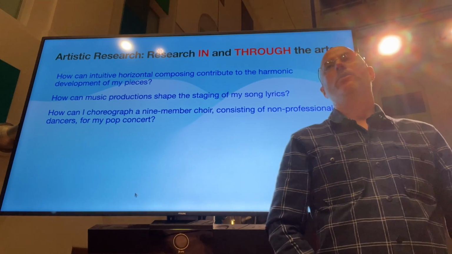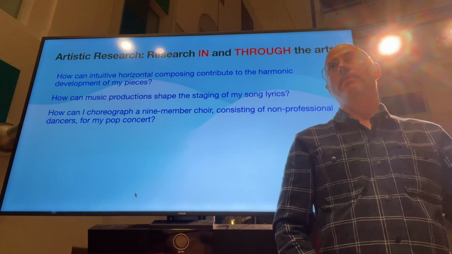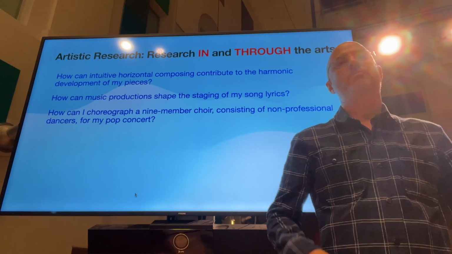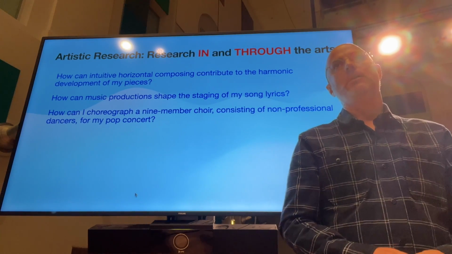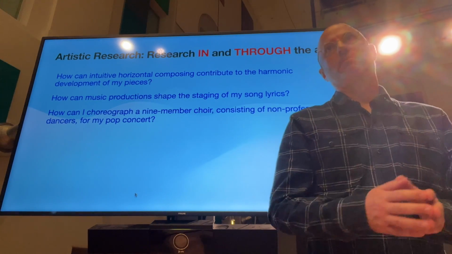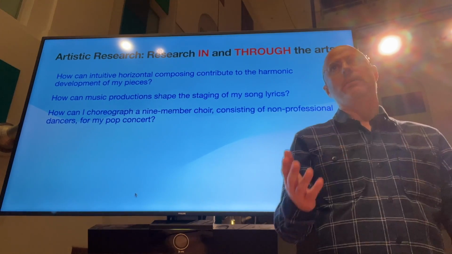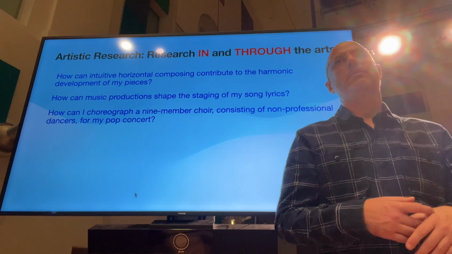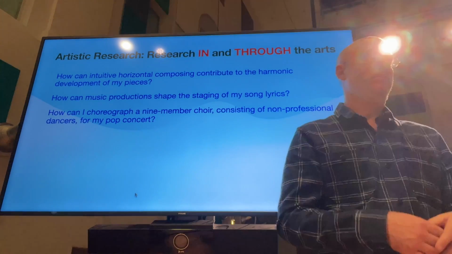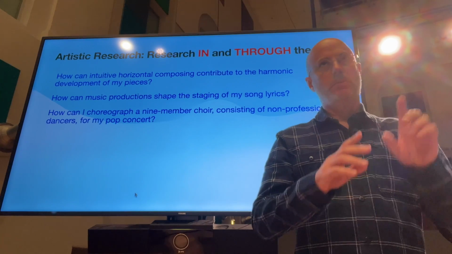So make a recording which demonstrates your answer. That's what we're doing with artistic research. And maybe in some cases you can also measure it, if it's a quantifiable thing. But usually in artistic research, we're dealing more with qualities. We'll talk more about that.